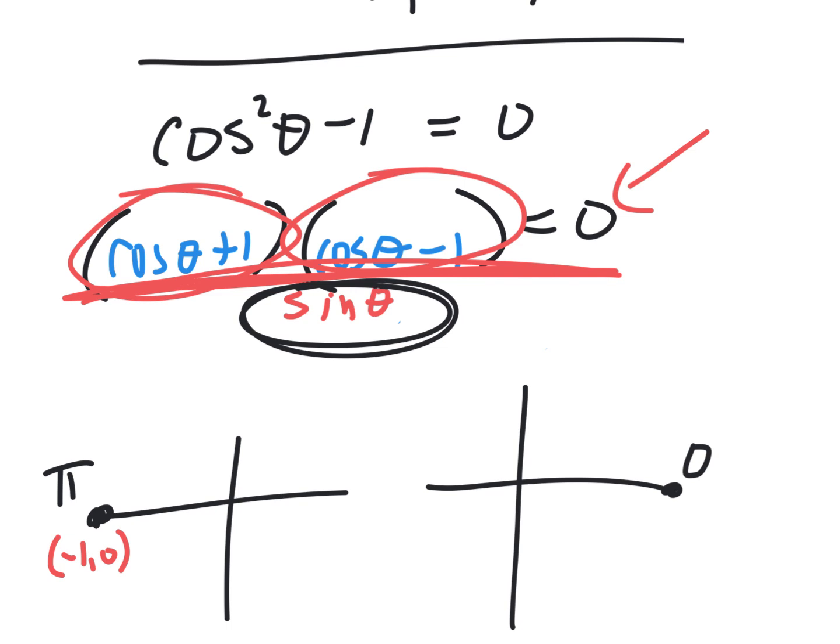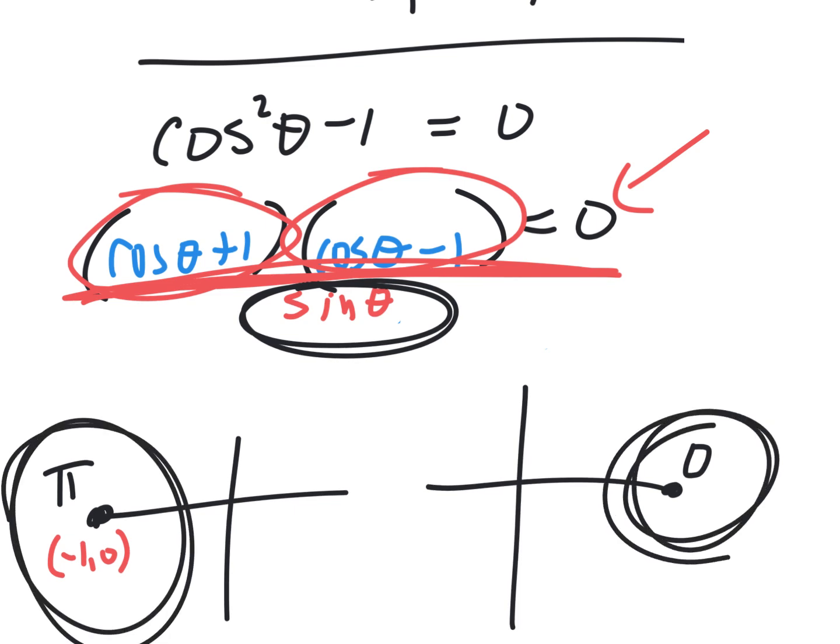Remember me talking about how sometimes the answers that you got legitimately can turn into extraneous answers? So, which of these two angles would make the bottom turn into 0 and therefore kill the whole equation, and therefore those must be extraneous answers?